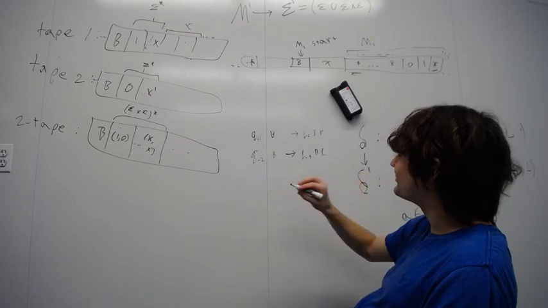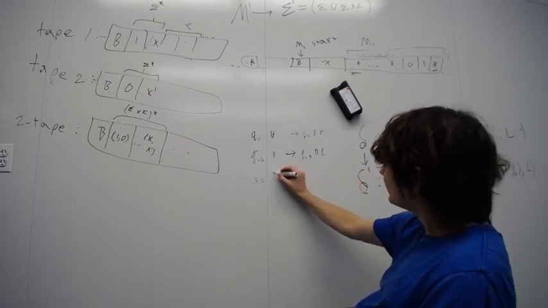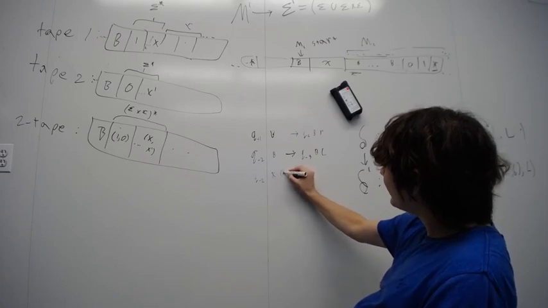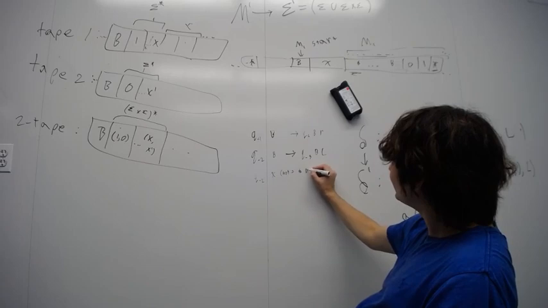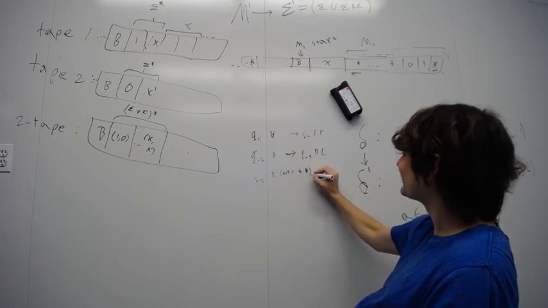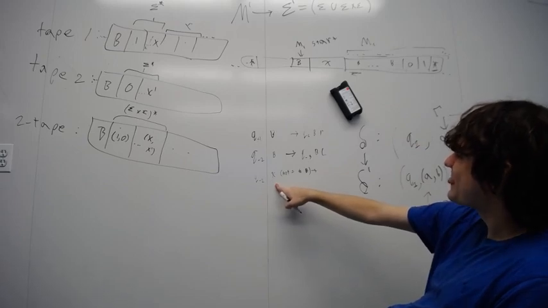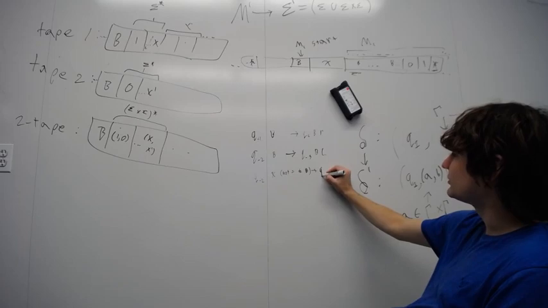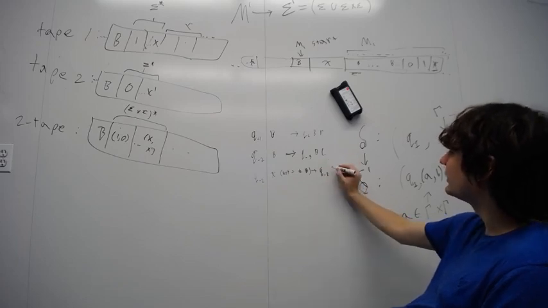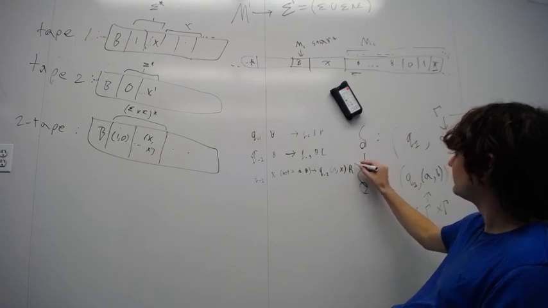But if it saw anything else, say it sees an X not equal to B, it stays at Q -2. There's definitely a more elegant way to do that, but my brain is turned off at the moment. If it sees an X not equal to B, what does it write? Well, it stays in the same state, because it's just moving right, and it writes X, so then Y. Yep.